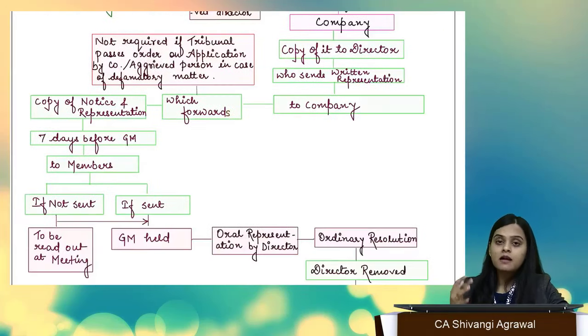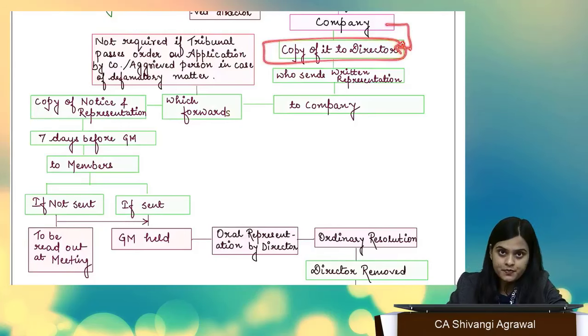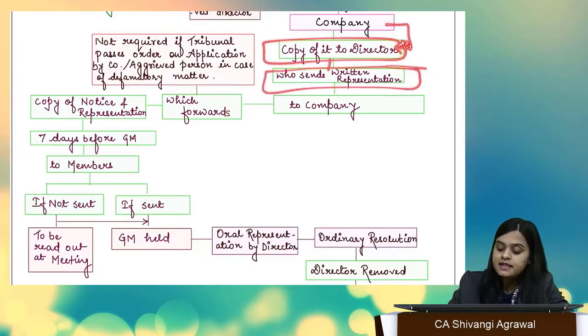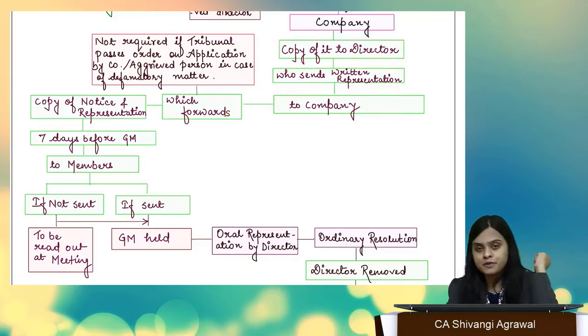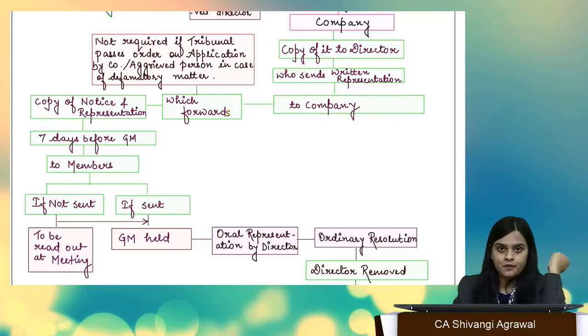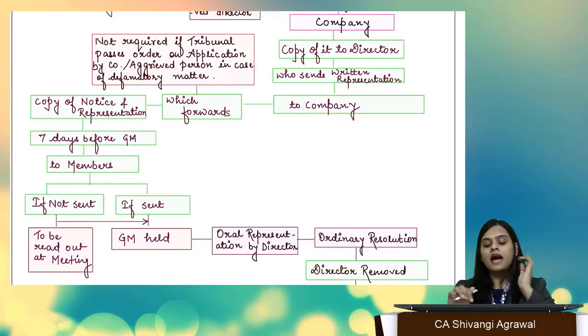Now what does the company do? The company sends a copy of this notice to the concerned director, for whose removal the notice has been received. This concerned director gives a written representation to the company, what he has to say to its members, right? This written representation is being requested by the company to be forwarded to the members. But what happens sometimes?